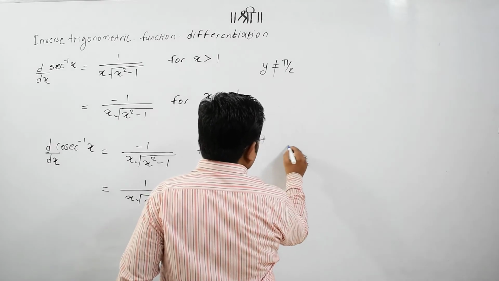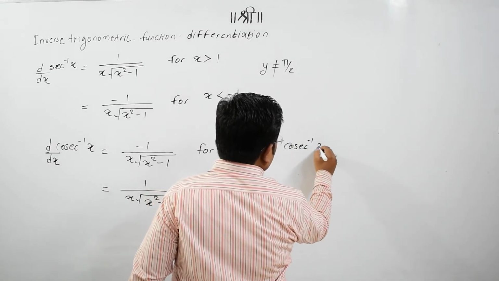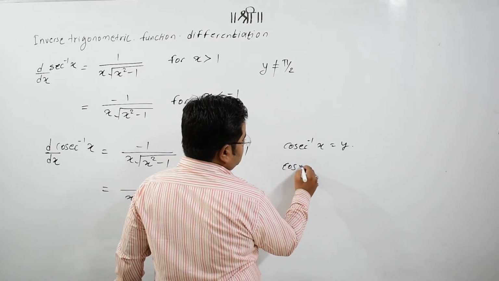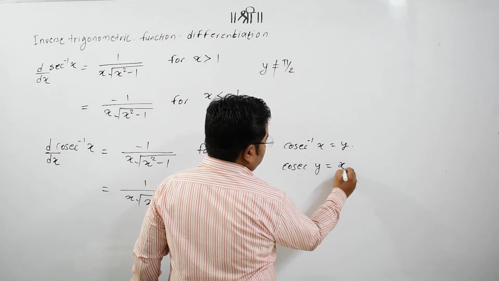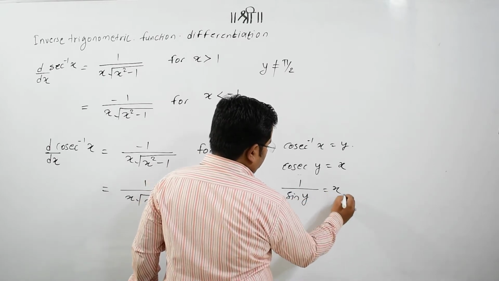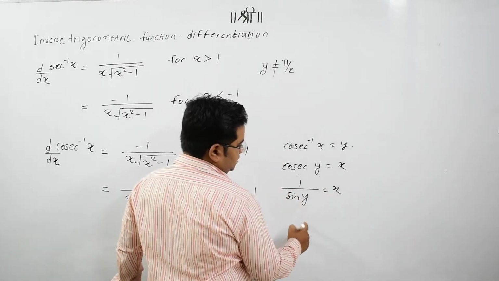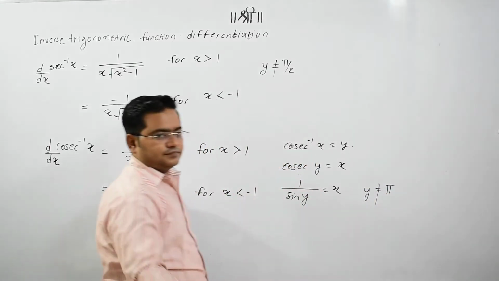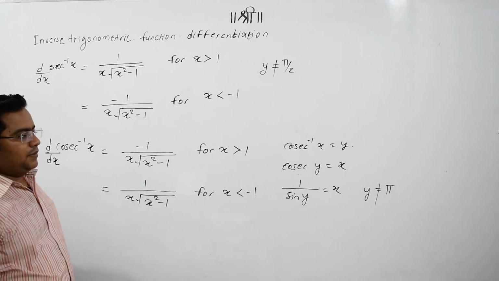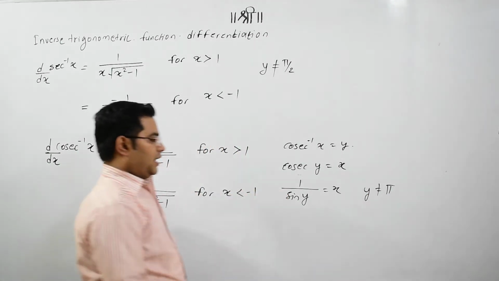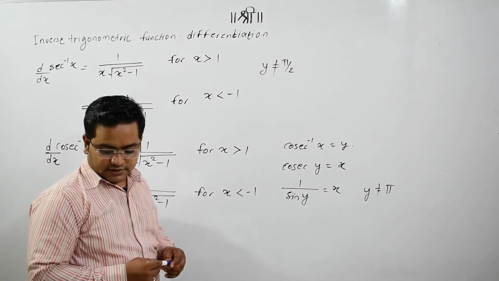Similarly, cosec inverse of x is equal to y, and again cosec y is equal to x. So 1 upon sine y is equal to x, and for this situation y should not equal pi or 2 pi or n pi. Most importantly y should not equal pi, then only our case is valid.